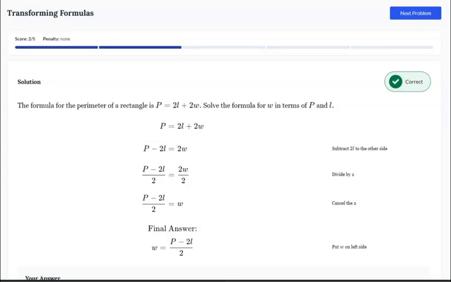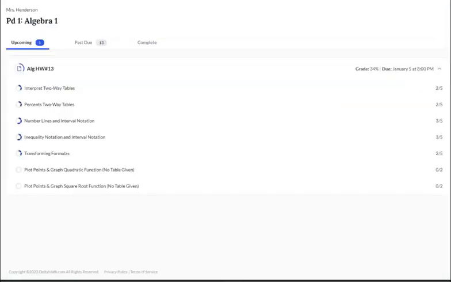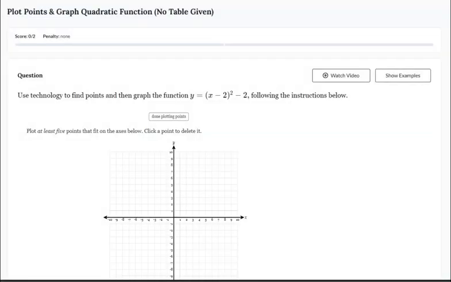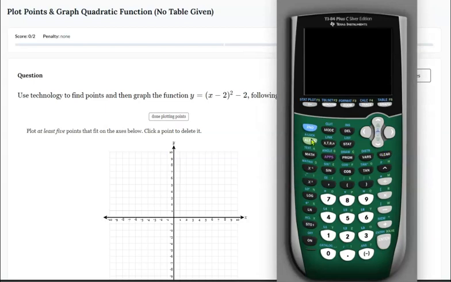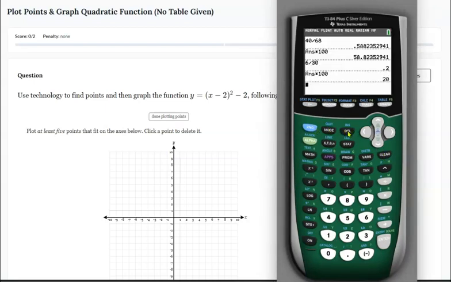Excellent. Let's go back and take a look at the last two topics here. Plotting points from graphs. You'll notice that this only needs to be done 2 times for each topic, not 5. So here's my graph. I need to go get some points, but first I need to type that into my graphing calculator. If you don't have one of these TI-84s at home, I'll show you how to use the Desmos calculator. So the first thing I'm going to do is type my y equals button, clear out anything that's there, type in exactly what I see on my screen, parentheses x minus 2, close parentheses squared, and then subtract 2.